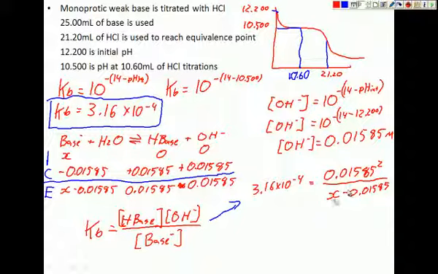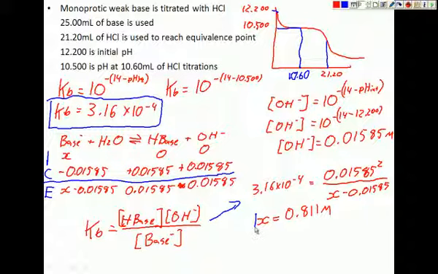Multiply both sides by x minus 0.01585, and then move stuff around. Solve for x. I'm going to save a little bit of time, but if we solve for x, x is going to equal 0.811 molarity.